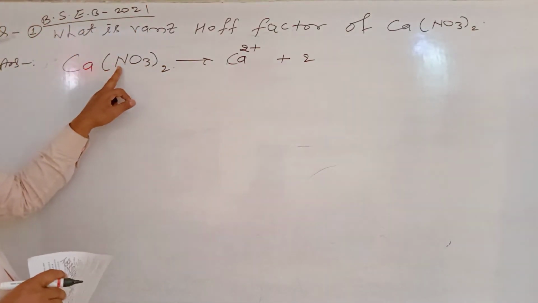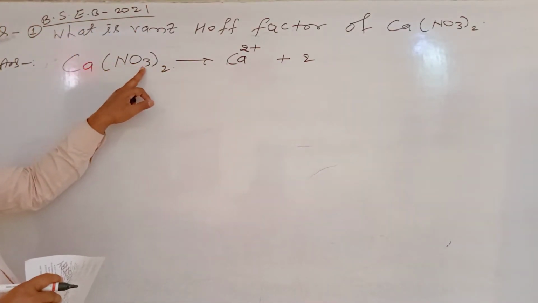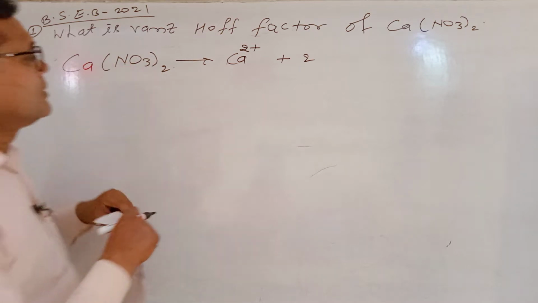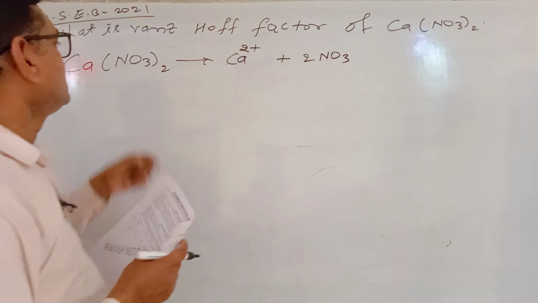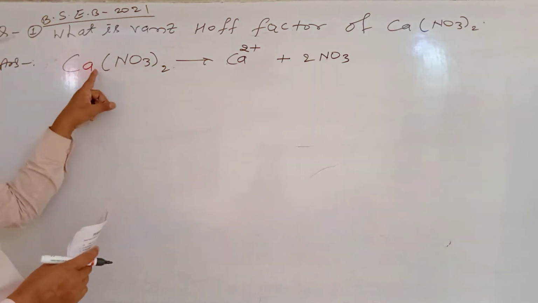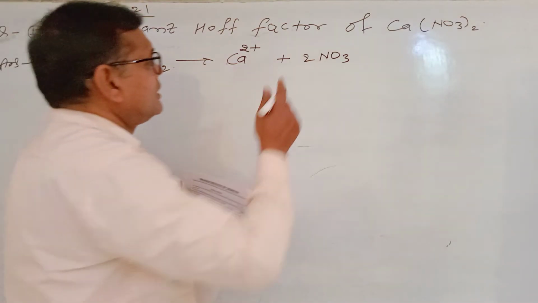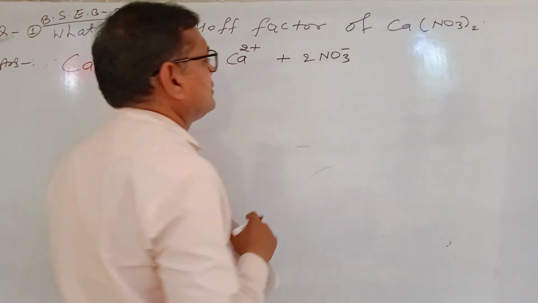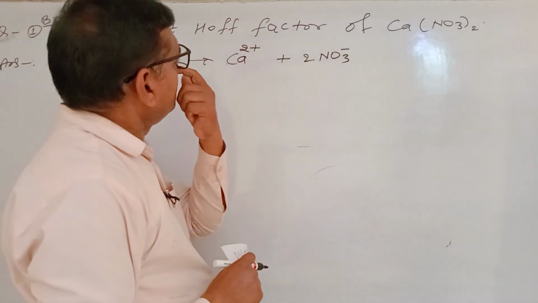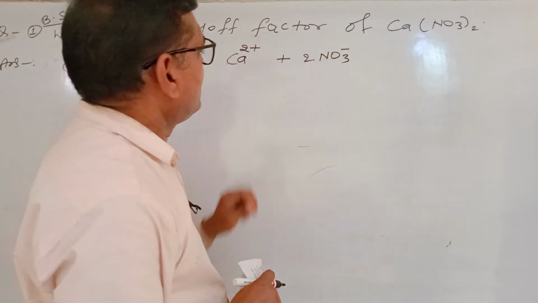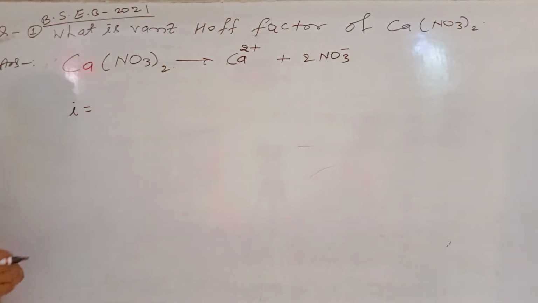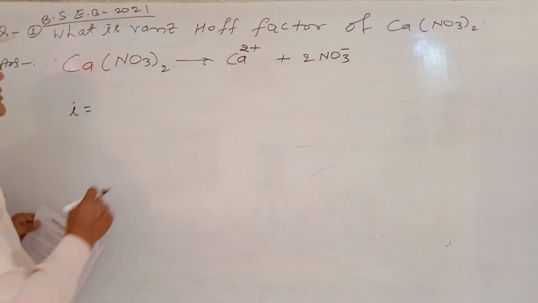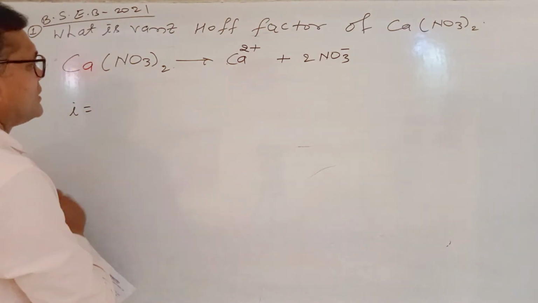The number of nitrate ion in the solution is 2. Here we write NO3. The valency of nitrate ion is 1. Therefore, here we write -1 due to negative radical of nitrate ion. Here we write i. i indicates van't Hoff factor.